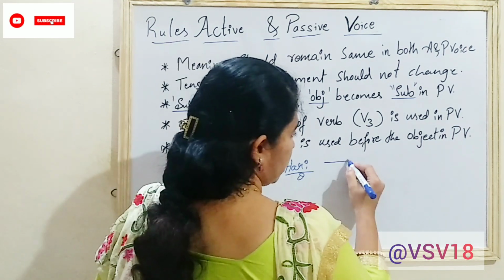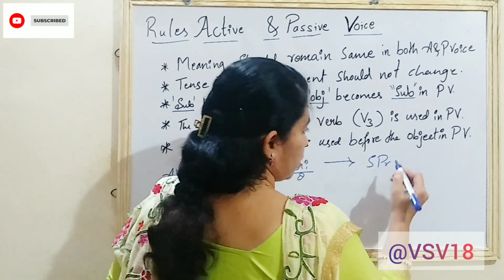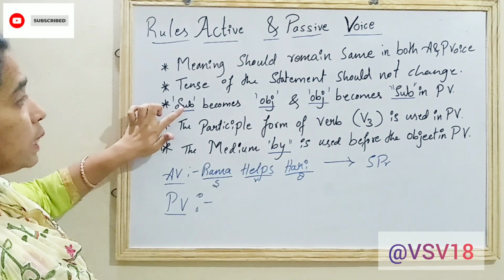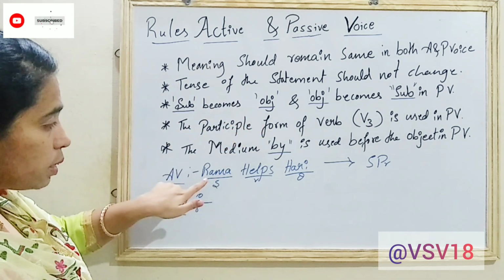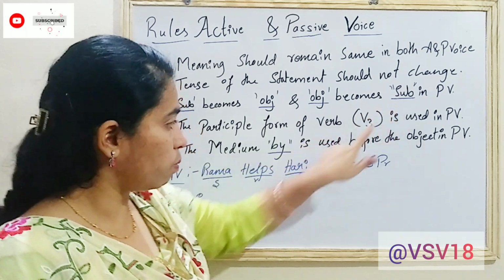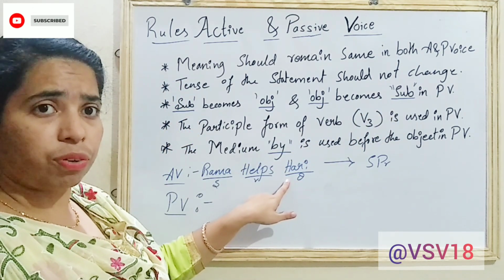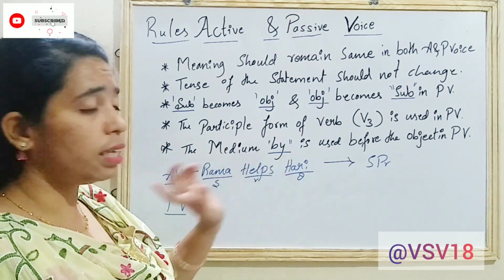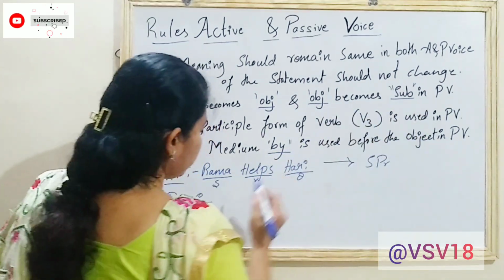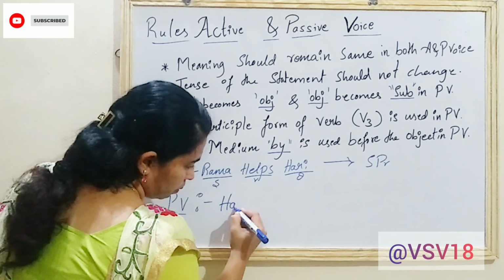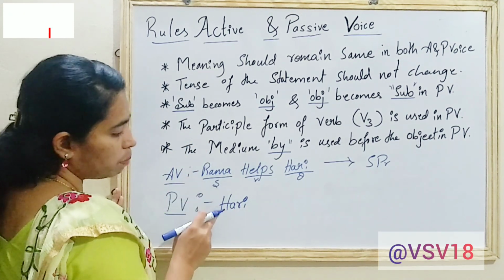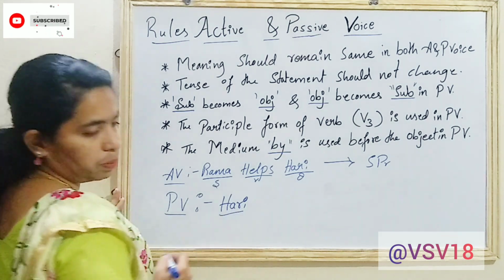What is the third rule? Subject becomes object. What is the subject? Rama is the subject. So the object becomes the subject. What is the object of active voice? Hari is the object of active voice. So we will bring it into the subject place: Hari. Here Rama was the subject, here Hari became the subject.